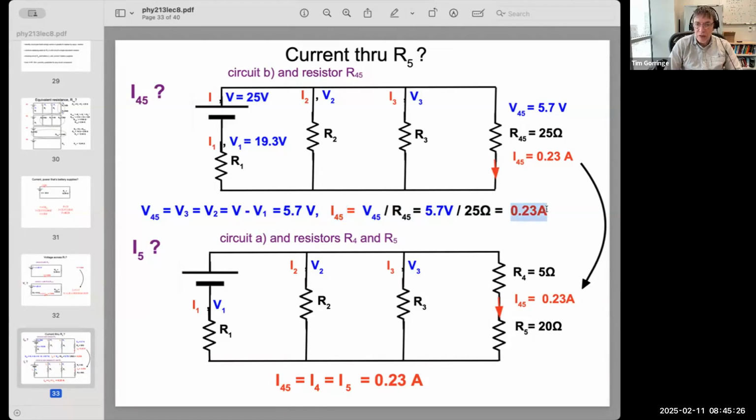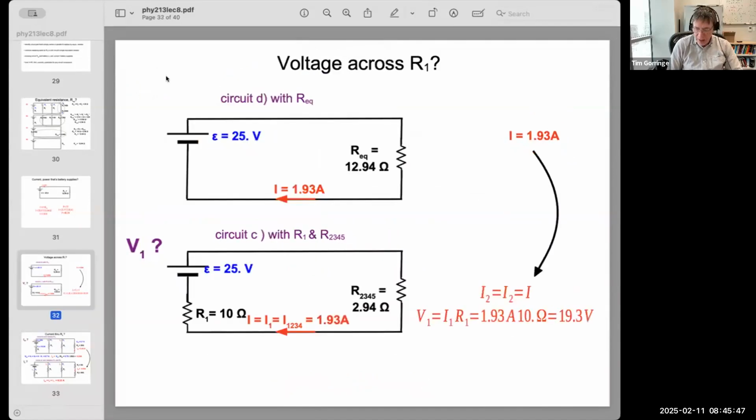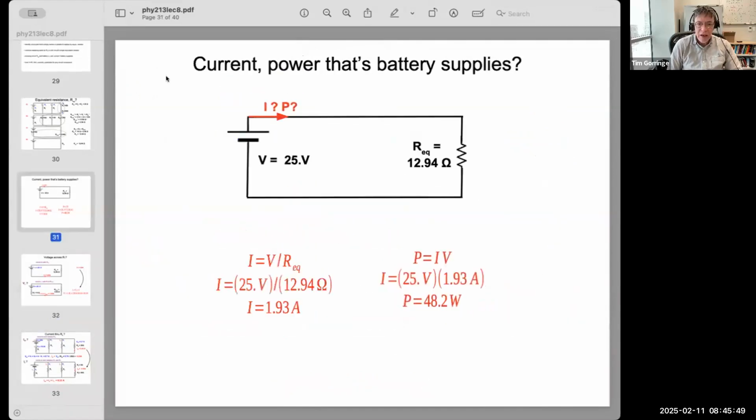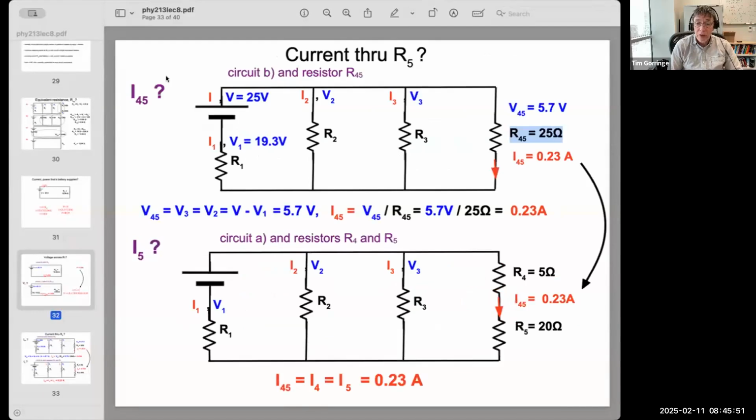That's 0.23 amps. So that's the current that's flowing through this resistor R45. But we already argued that it's also the current flowing through the two resistors in series that R45 was equivalent to. And so the current through R5 and also R4 is going to be equal to that 0.23 amps. And so we solved that part of the problem.